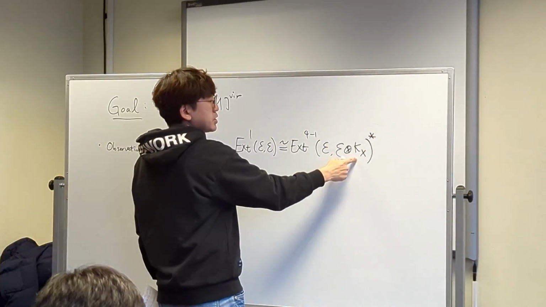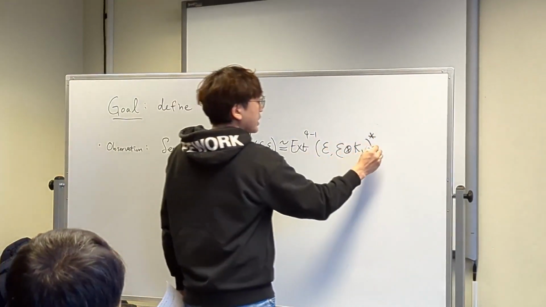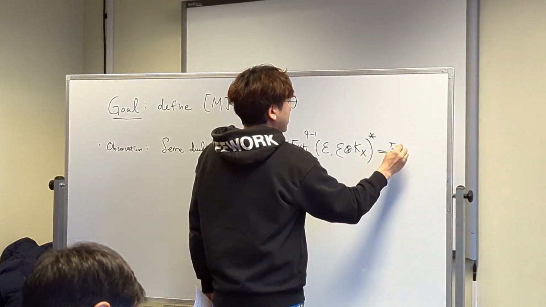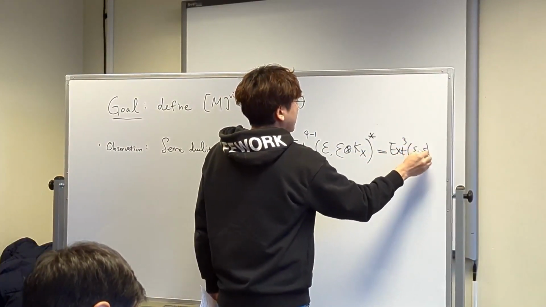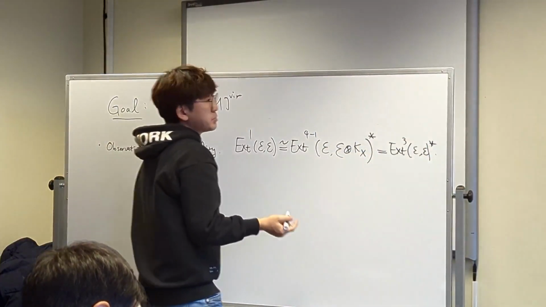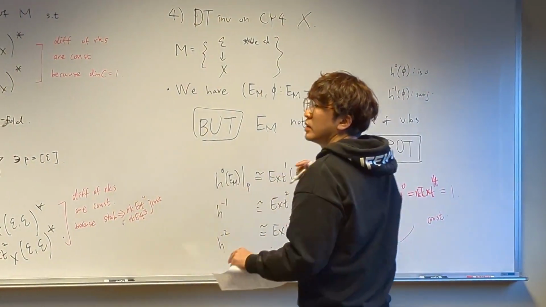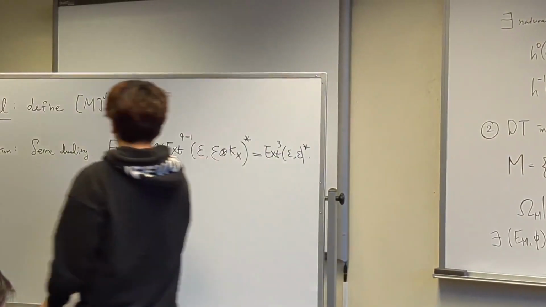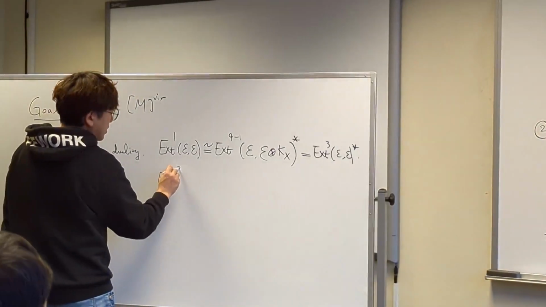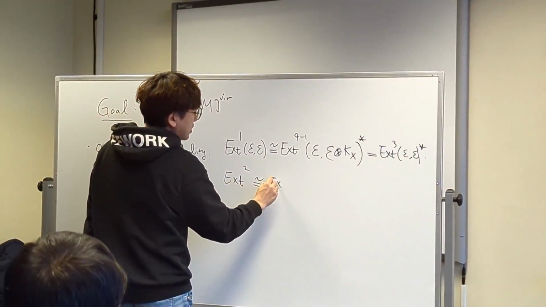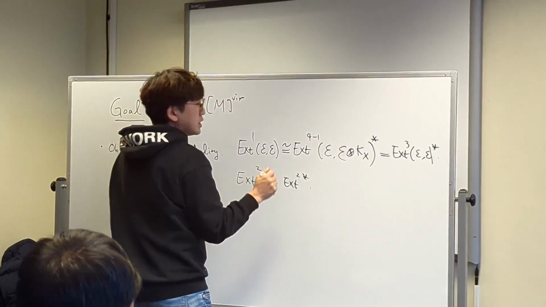And now since this is trivial by the Calabi-Yau condition, these are dual to each other. And similarly, we have this, and this says this is self-dual.